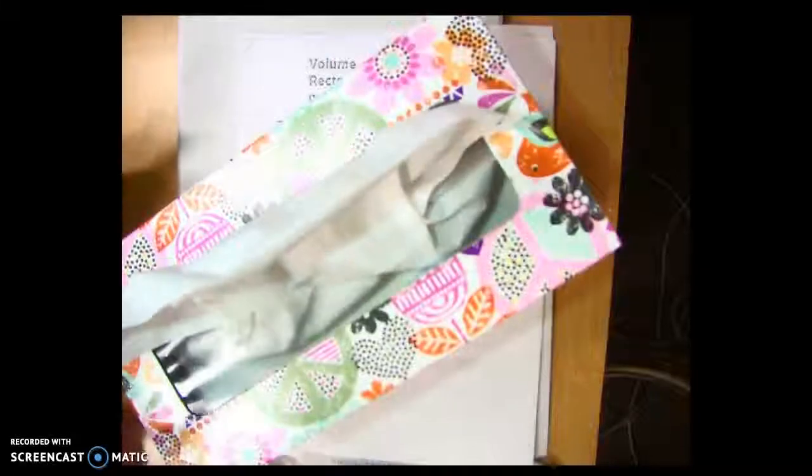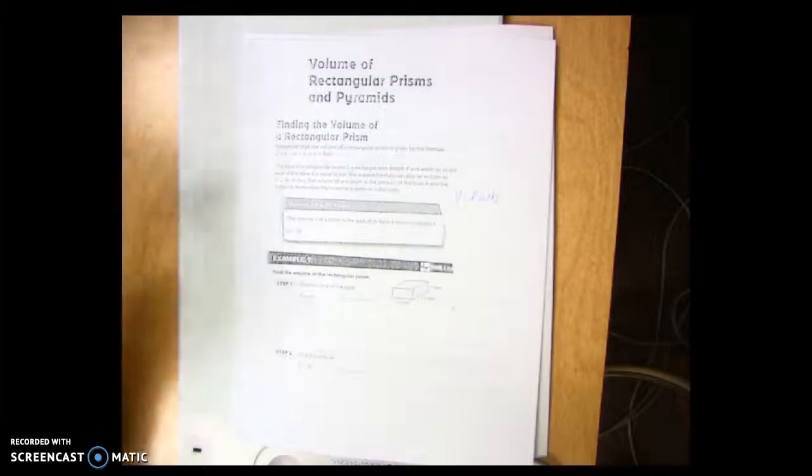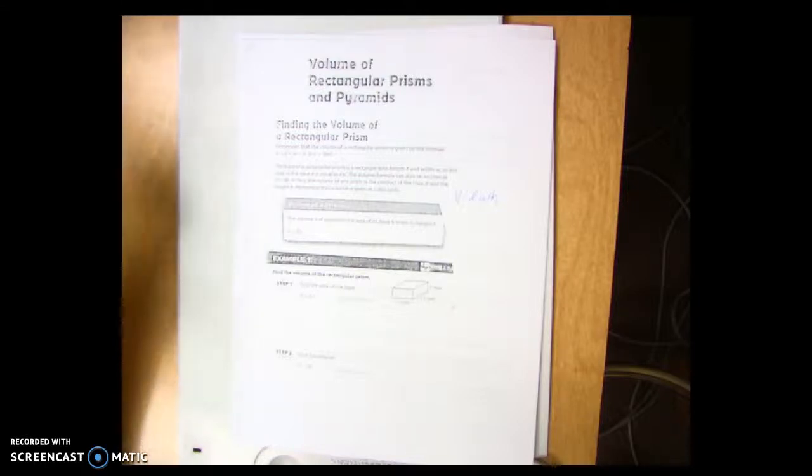Now, if you've ever played dominoes, after you play, if you just try and dump all the dominoes into the can or the tin, they're not going to fit. You have to line them up in order so that there's not any space there. Those rectangular prisms don't fill up that space unless they're put in a row nice and neat.